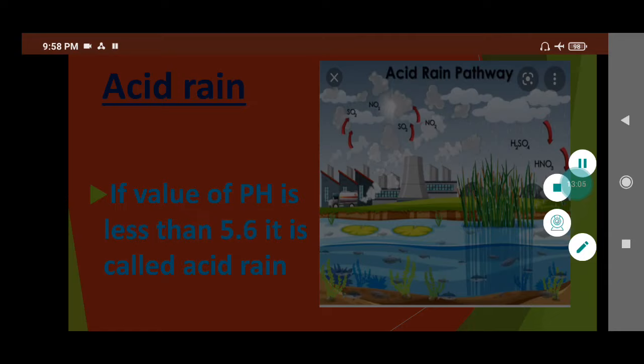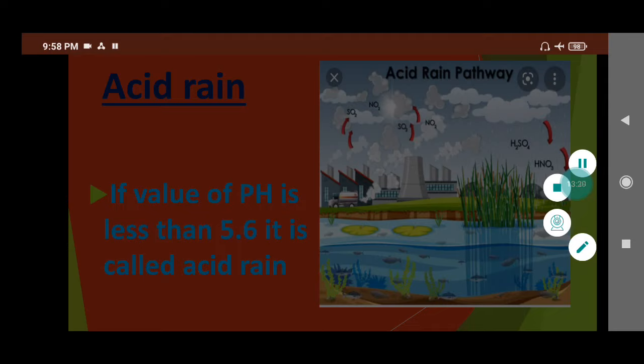Now let us know the importance of pH in our daily life. If the value of pH is less than 5.6, it is called acid rain. If the pH value lies between 0 to 6, it is an acid.